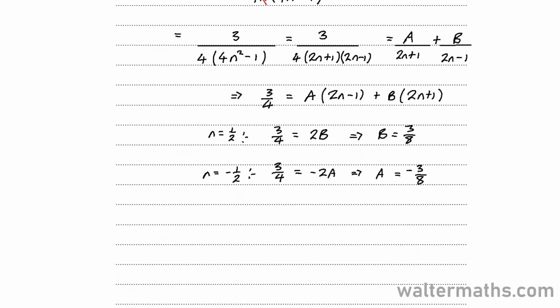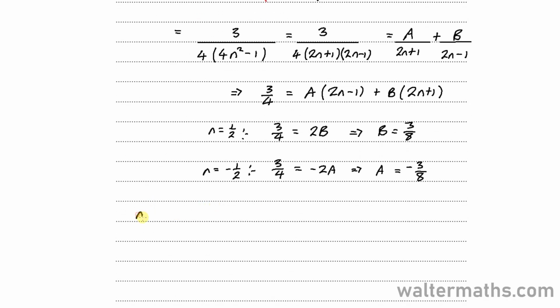So we basically have n over s sub n being equal to 3/8 of 1 over 2n minus 1, minus 1 over 2n plus 1. So this is what we get for n over s sub n, substituting a and b into this.